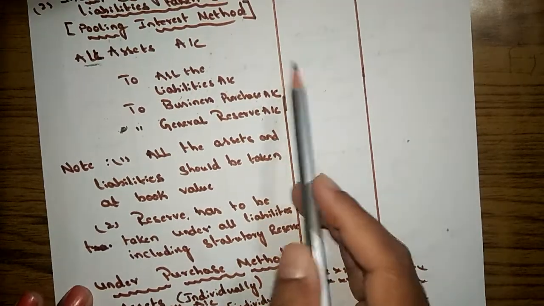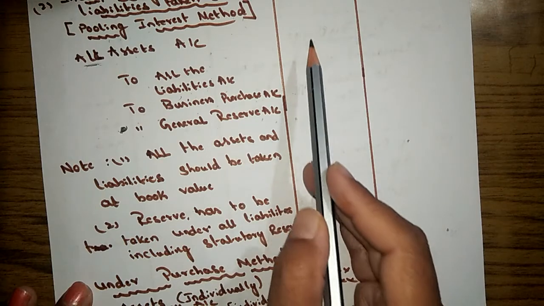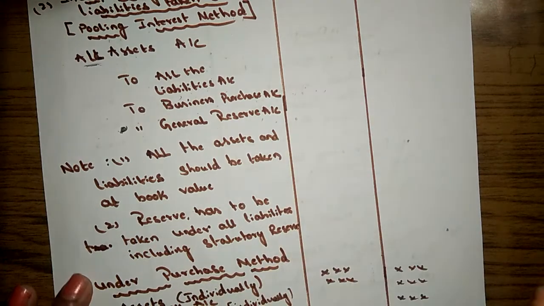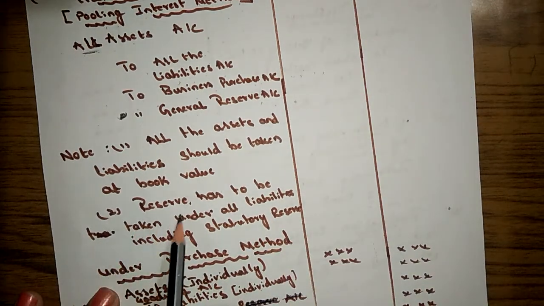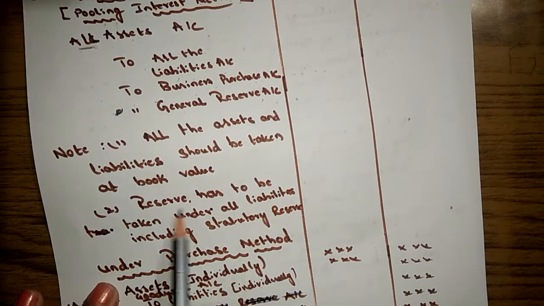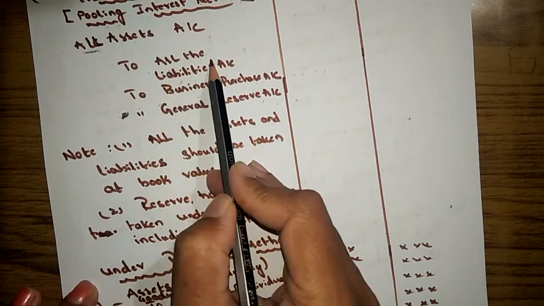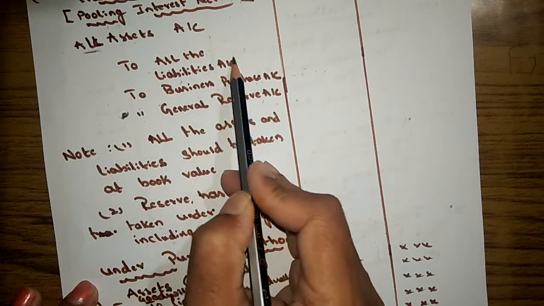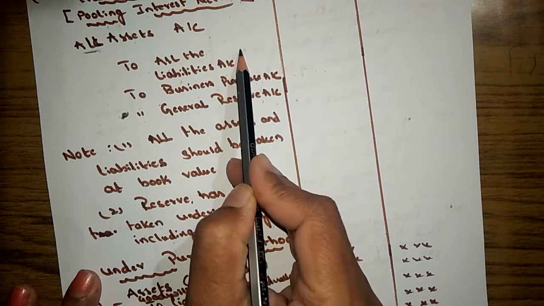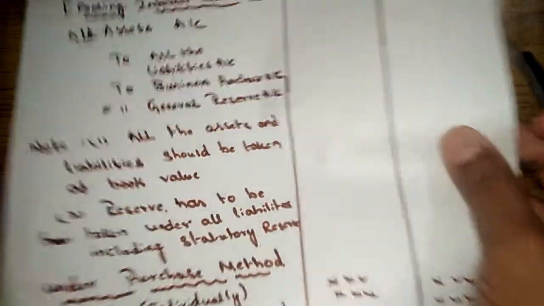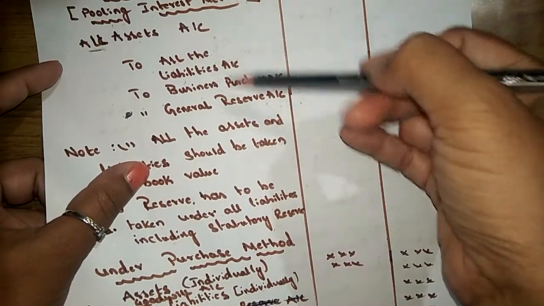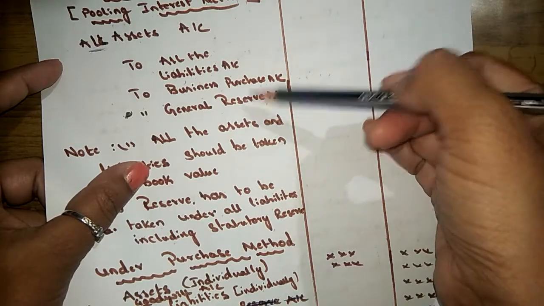Here we need to take all the assets at book value. Second, reserves have to be taken under all liabilities including statutory reserve. So all liability means including reserves plus statutory reserves. This is under the pooling interest method.